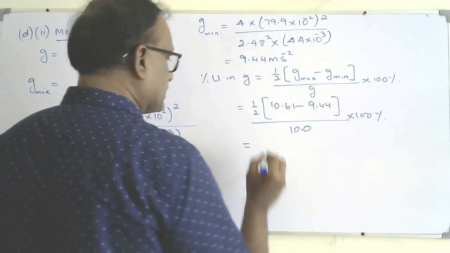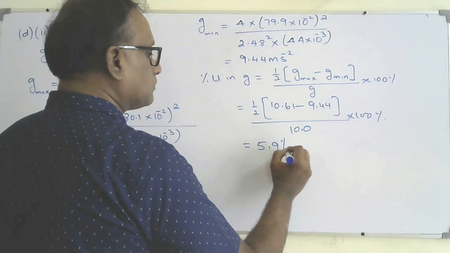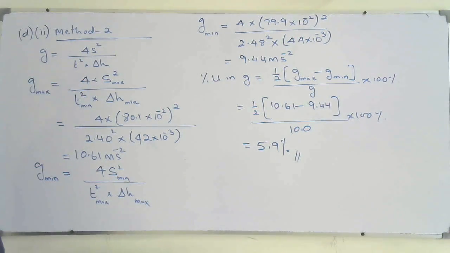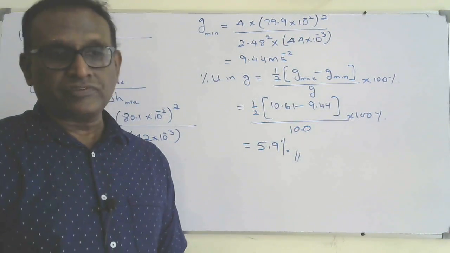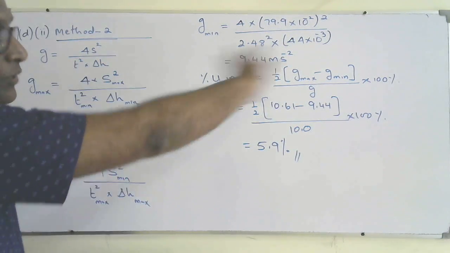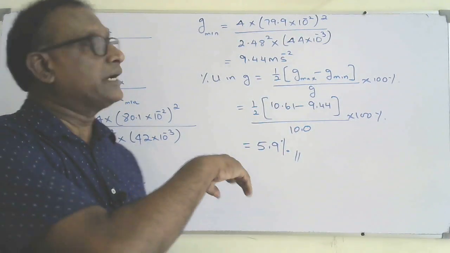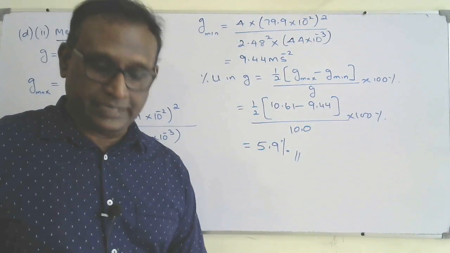You will get the same answer, 5.9%. So here I did not find the equation for percentage uncertainty. I found the percentage uncertainty directly by using G max and G minimum.